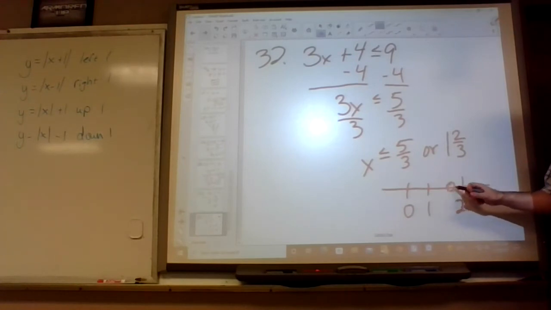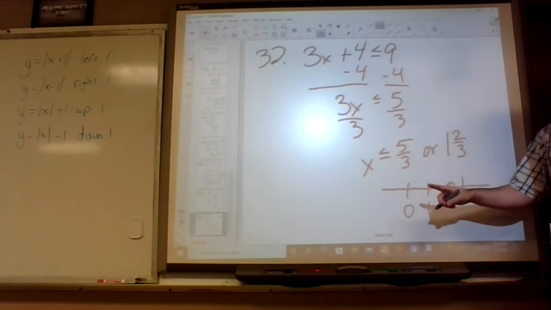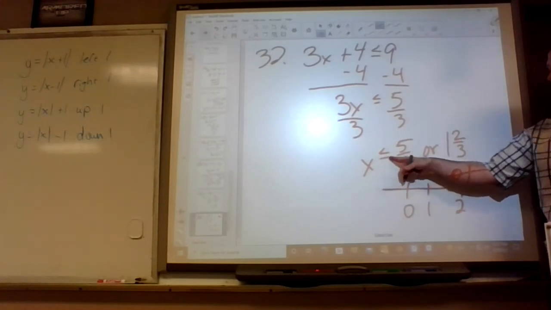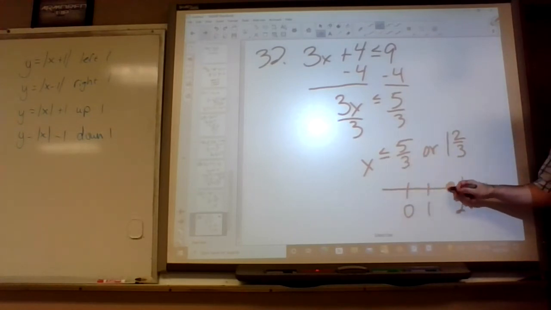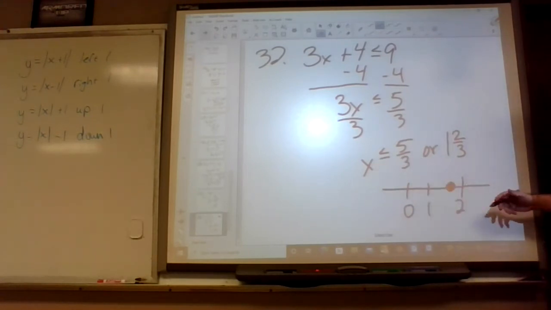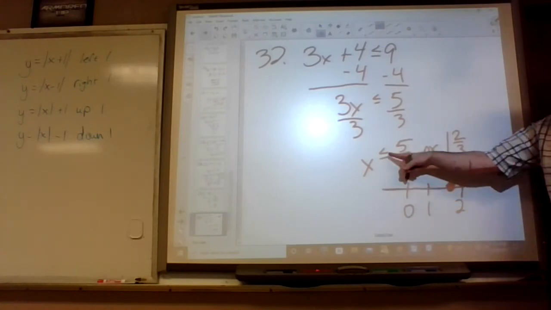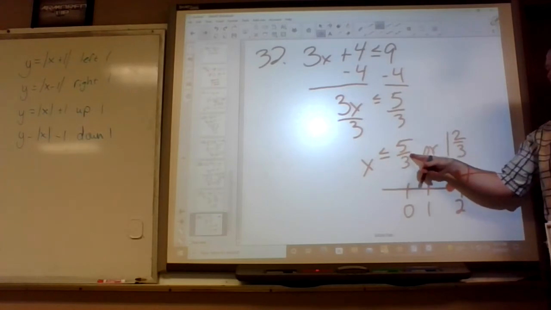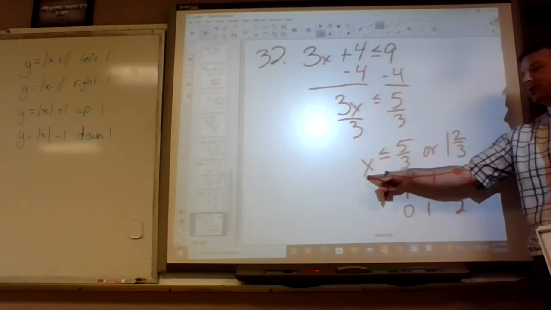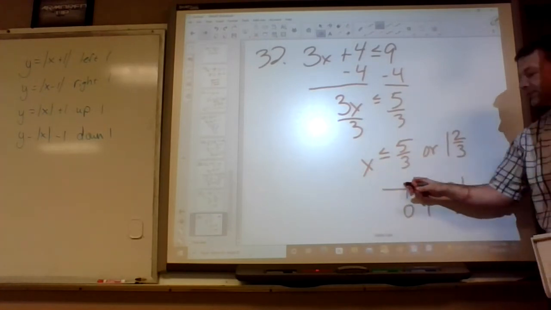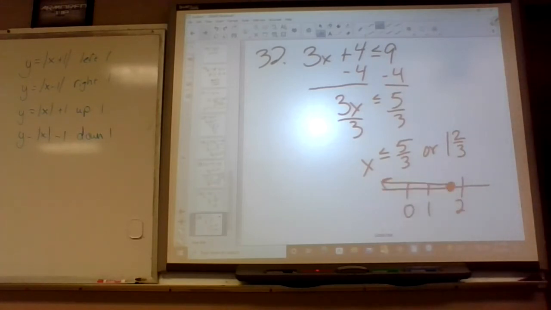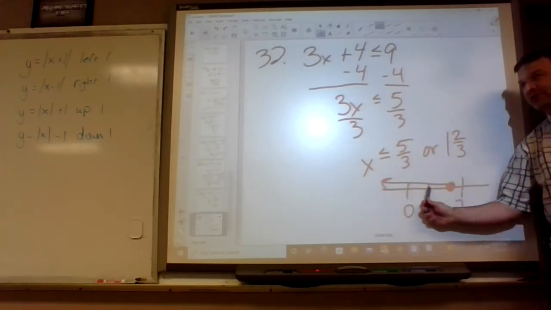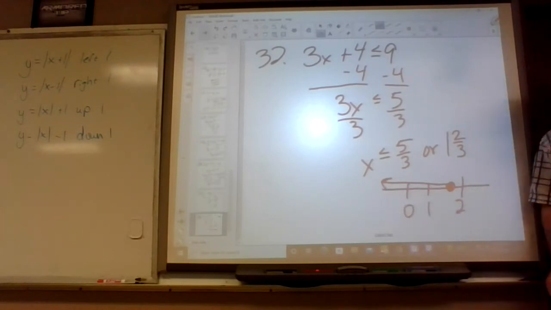Should the circle be open or closed? We'll close it, since it's less than or equal to. And x is less than this stuff, so which way is less? Usually that arrow tells you which way to go unless the x is on the opposite side, but it's almost always on the left side, so all the numbers less than 5/3, or smaller numbers, are this way.